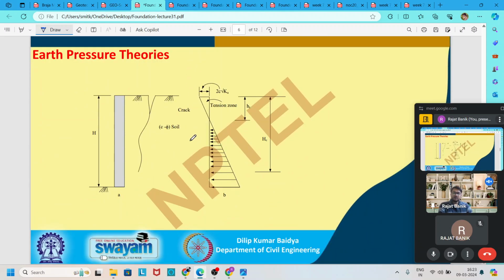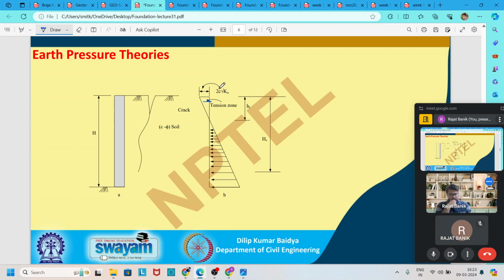Then in the active case, we know that at the top of the surface there is a negative pressure present due to the presence of cohesion. This cohesion acts in the opposite direction of the active pressure, which occurs due to the internal friction of the soil.